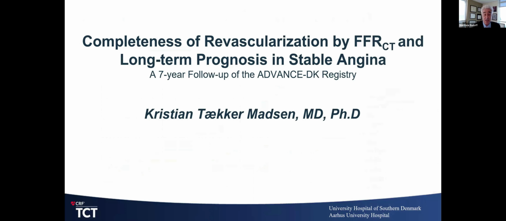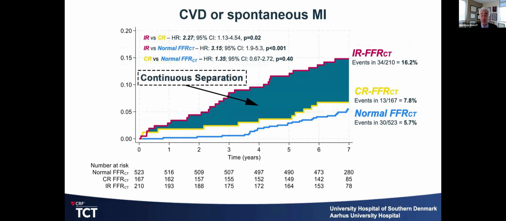So this is a nice study looking at completeness of revascularization, again presented at TCT, and you can see incomplete revascularization based on FFR-CT in red, and the event rates if we didn't fully revascularize this population. You can compare that to the patients who had abnormal FFR-CT but underwent complete revascularization, and that continuous separation, that blue area, as events continue to accrue over 7 years of follow-up.